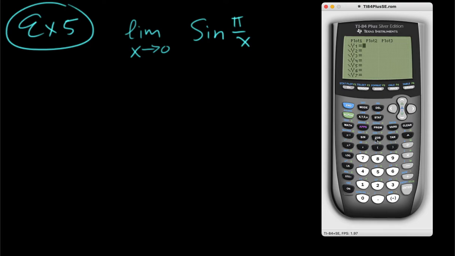So we just do sine pi divided by x. Graph that. The graph of this is really strange. So if you want to look in your book, there's a little bit better visualization of what's going on here.